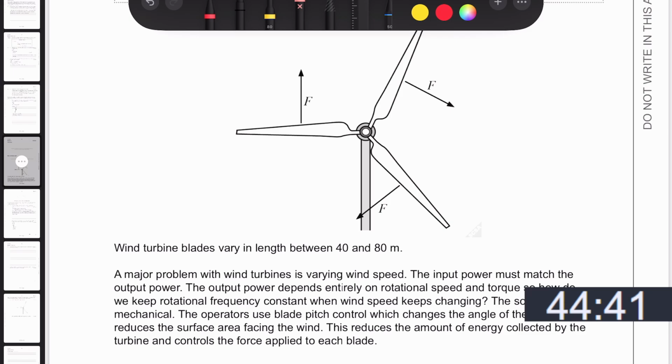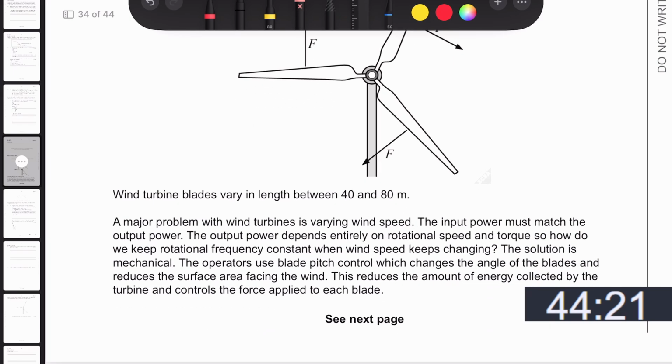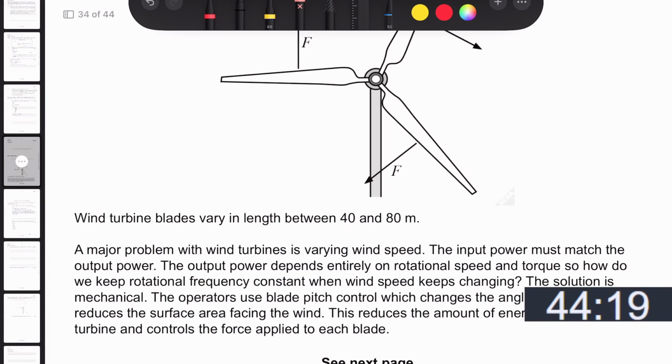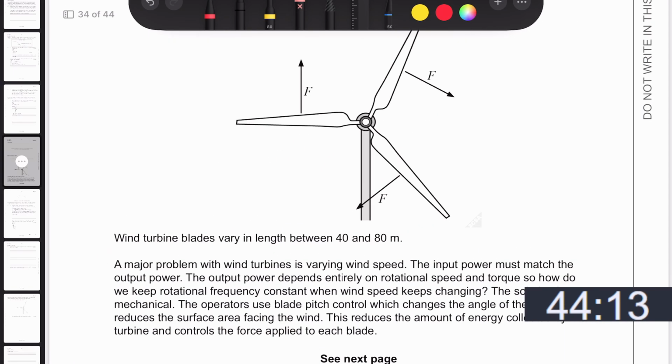The input power must match the output power. The output power depends entirely on rotational speed and torque, so how do we keep rotational frequency constant when wind speeds are changing? The solution is mechanical.